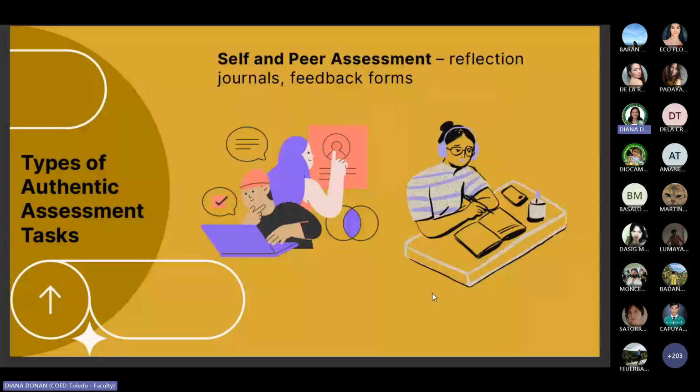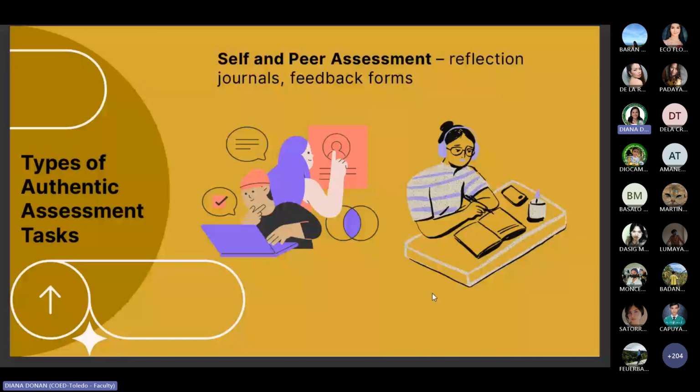Okay, third is the self and peer assessment. This is the type that involves students evaluating their own work or the work of their classmates. It promotes reflection, responsibility, and awareness of learning criteria.